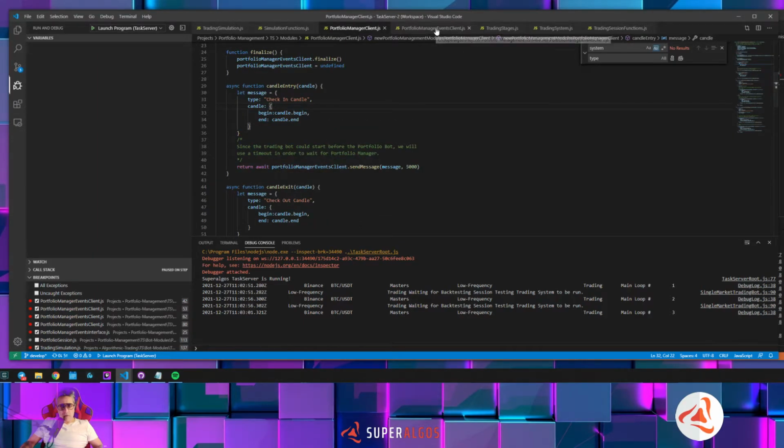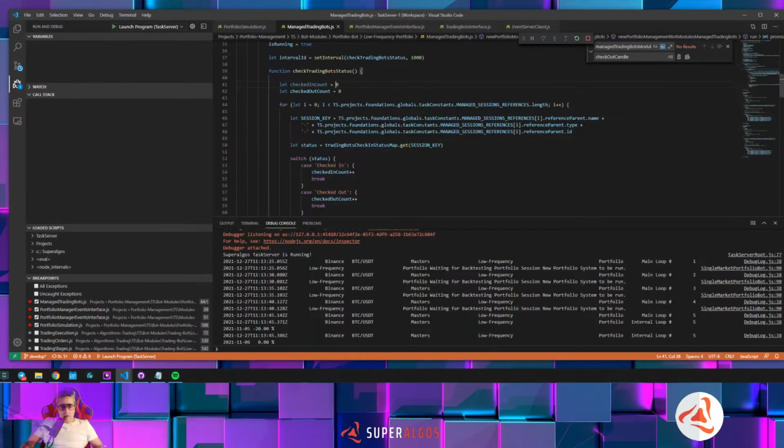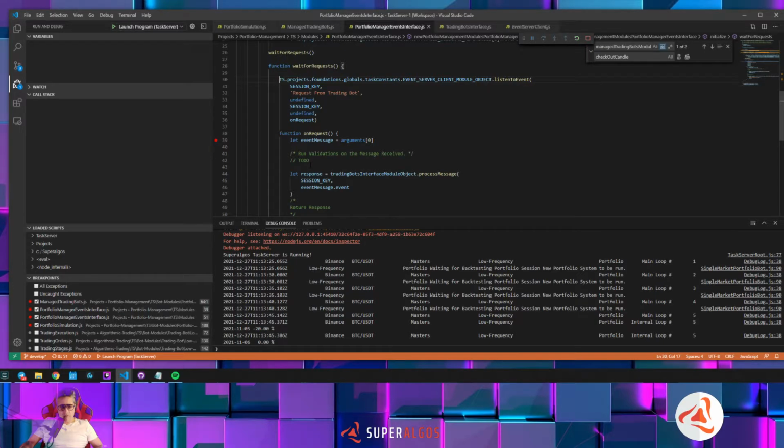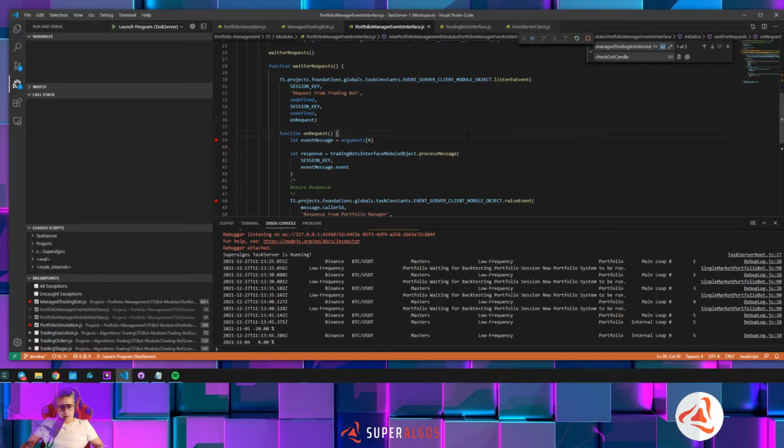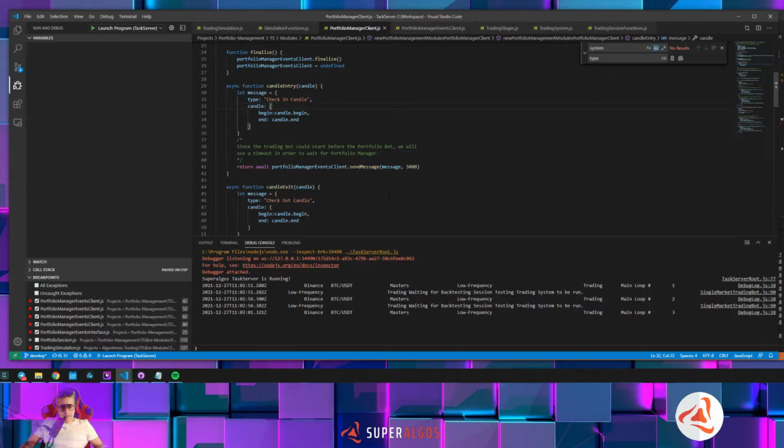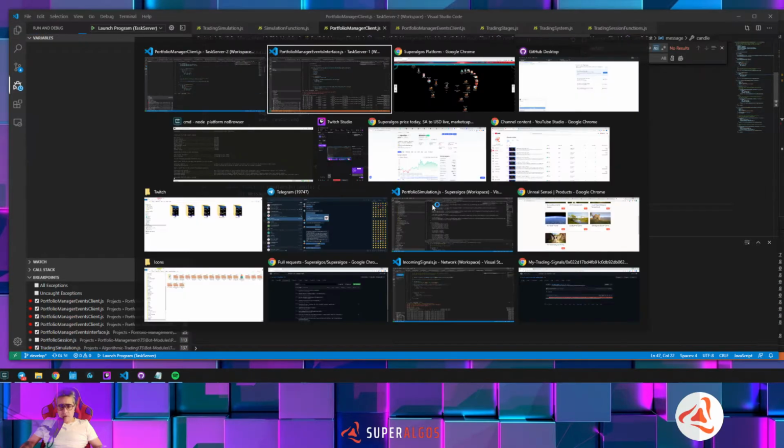Sorry. Okay, there was something I wanted to remove from here. So we ran the trading bot.